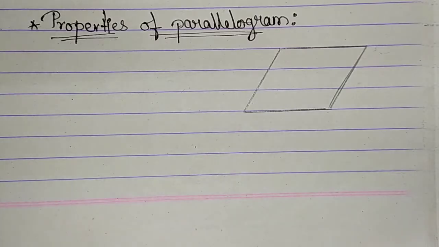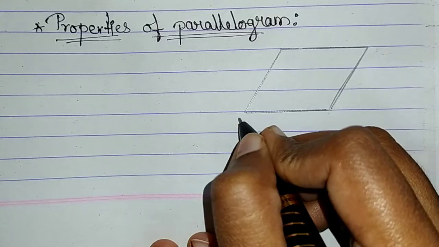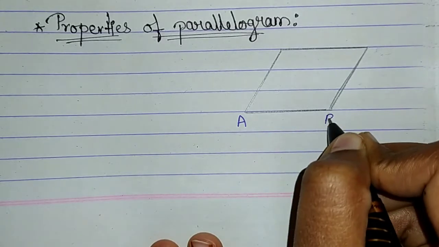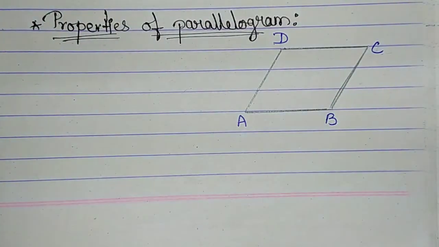So the next section of the chapter mainly focuses on various properties of parallelograms and how different quadrilaterals can become parallelograms. So here in this figure I have drawn a simple parallelogram, and let us label it as ABCD. You can give any names of your choice. So here I am naming it as ABCD.